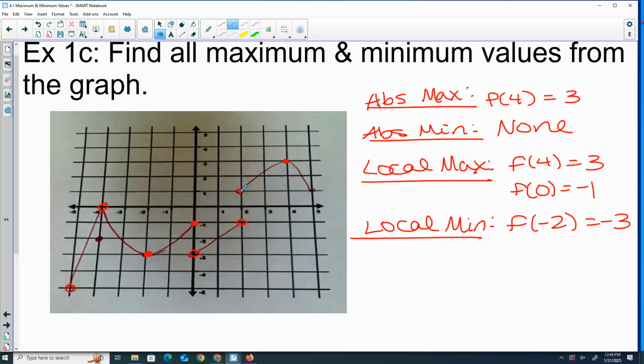Is this lower than points on both sides? No. We can't count endpoints, but we are missing one. This dot. It's not continuous, but it's a dot on the graph, and if you go to the left and the right, is it lower than both of those? Yes. -4, -2 is also a min.